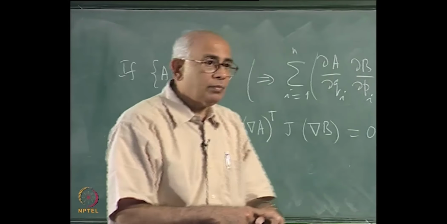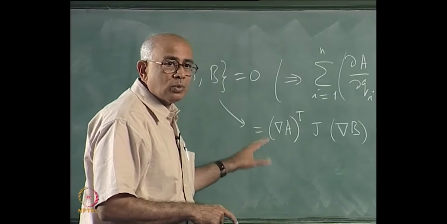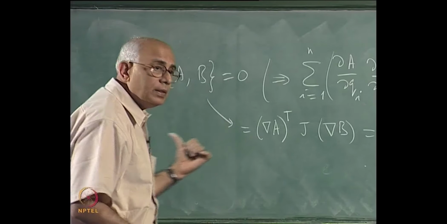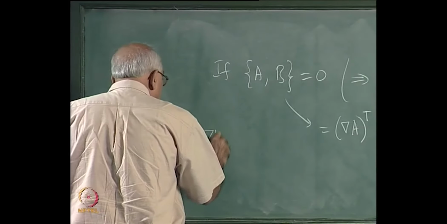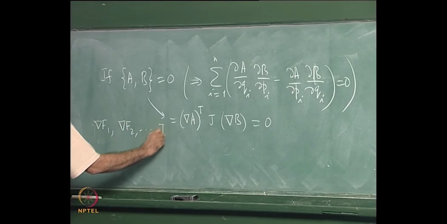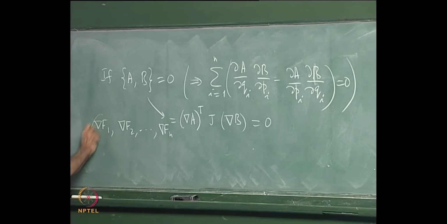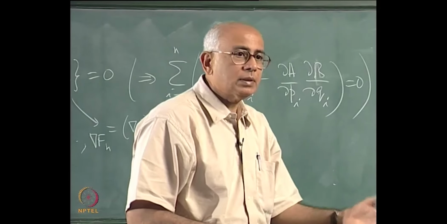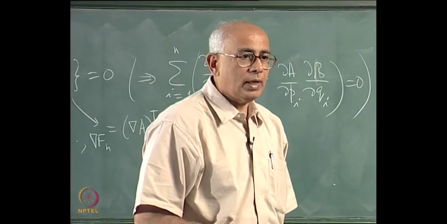So we really have a mathematical structure for Hamiltonian flows if the Liouville-Arnold criterion is satisfied, which says that these n quantities, gradient f1, gradient f2 up to gradient fn, of which the first could be chosen to be the Hamiltonian itself, so this is ∇H, these n vector fields form a kind of basis on the surface on which the flow actually happens.